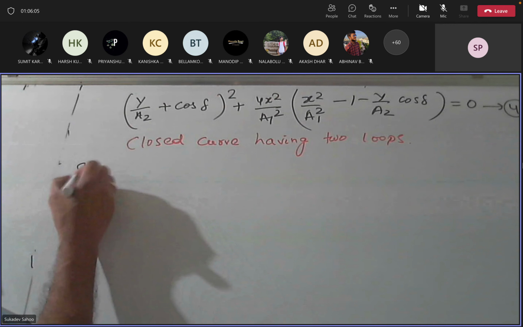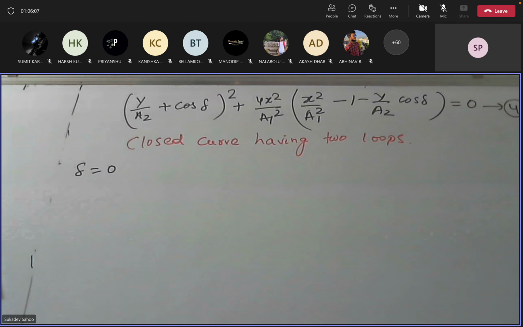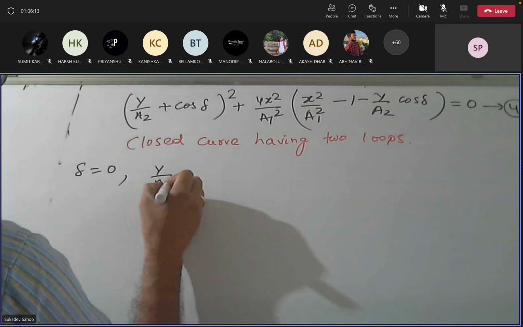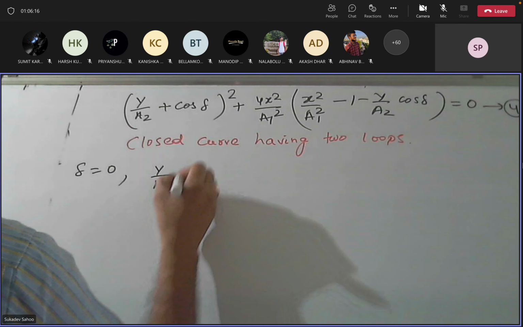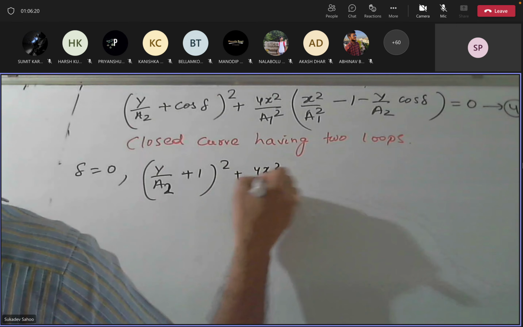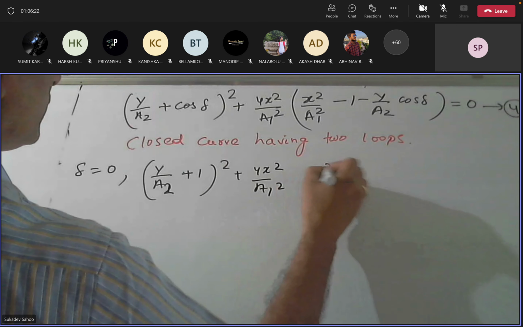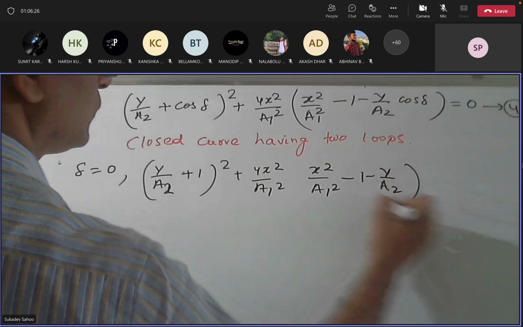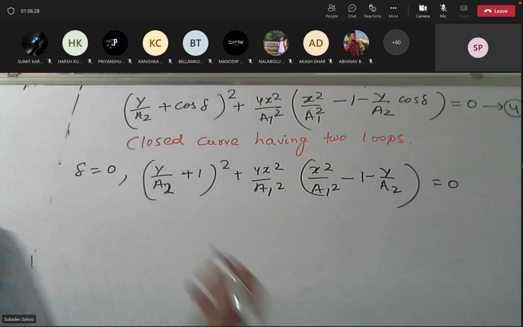Now we will consider different cases when delta equal to 0, or cos delta equal to 1. Substituting cos delta equal to 1, we will get y by a2 plus 1 square plus 4x square by a1 square, x square by a1 square minus 1 minus y by a2 equal to 0.